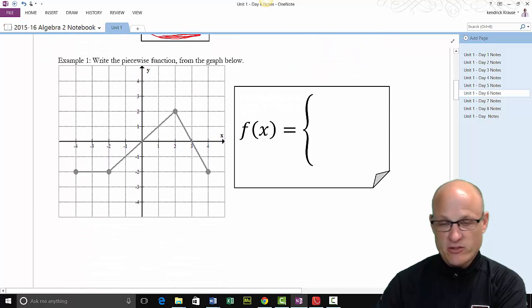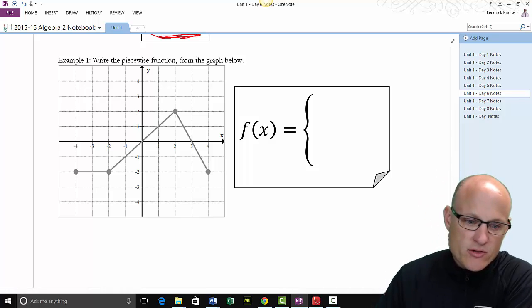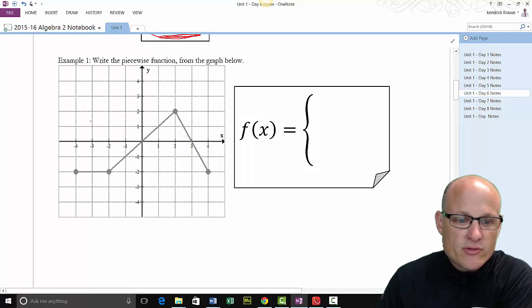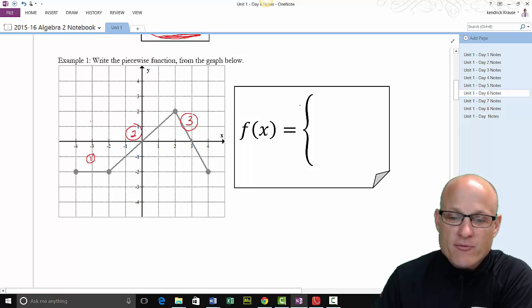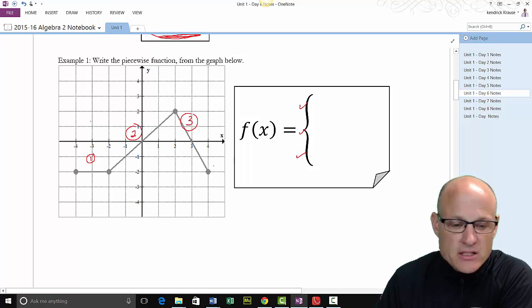How do we write a piecewise function then? Notice we have three pieces to this function: 1, 2, 3. I've got a spot for one function, two functions, and three functions. Oh yeah, it gets difficult.